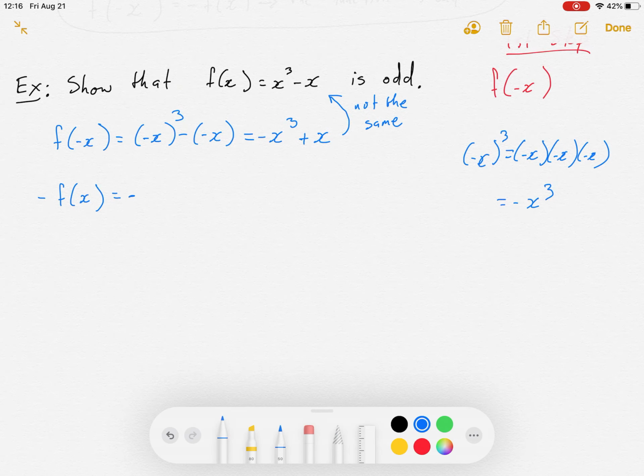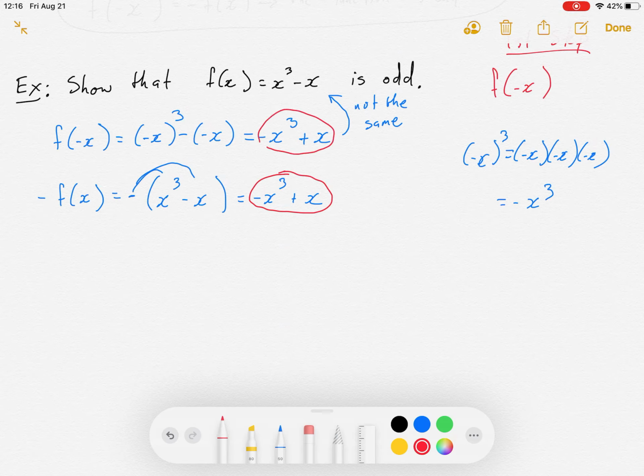So I'm going to take a negative sign and drop that in front of my function here, which really means I have to distribute a negative 1 to each term. So I end up with negative x cubed plus x. And at this point, it's a good idea to actually show me. So please actually say at this point, same.